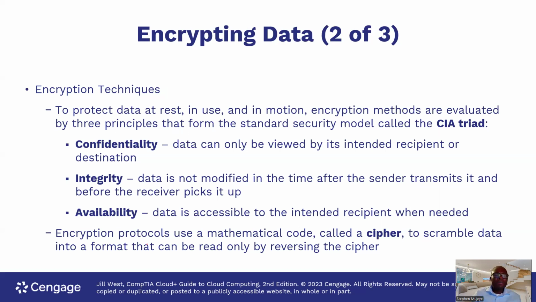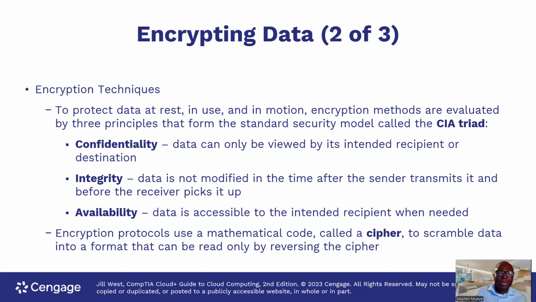Integrity deals with ensuring that the data is not modified as it is in motion, as it is moving from one point to another. And then it should be accessible to the intended recipient when needed. In other words, when the people who want the data want to view it, it should be available to them.